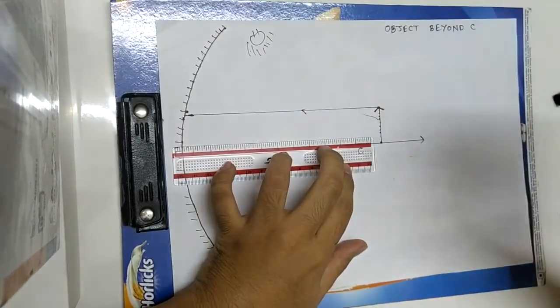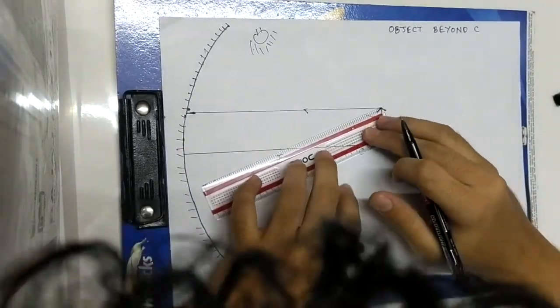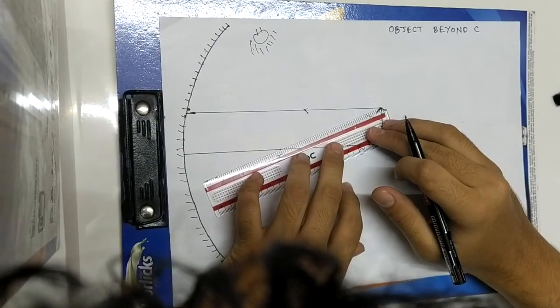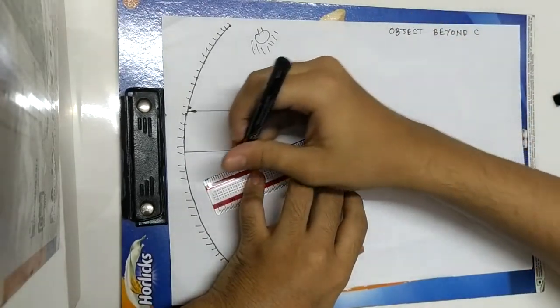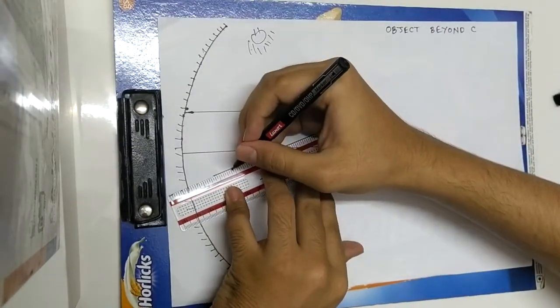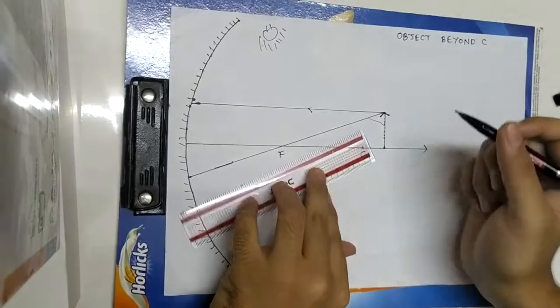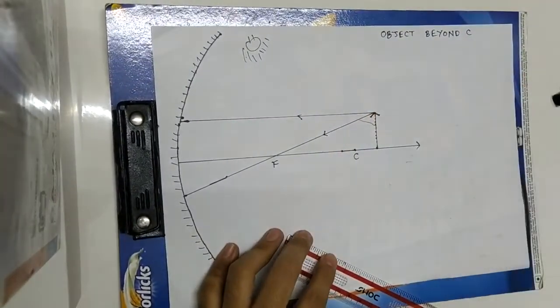This is the first ray. Second ray, let it be passing through the focus. Okay, two rays we have completed.